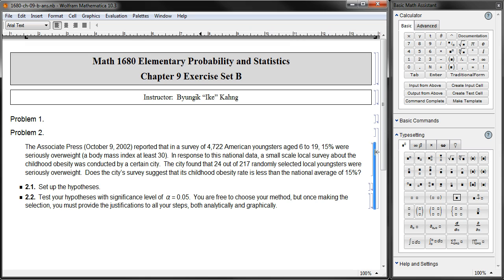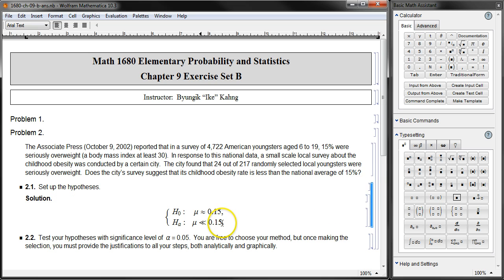Okay, set up the hypotheses. 15% is the national average, so that's going to be our null value. That's clear. And what is the alternative hypothesis? Less than the national average. That's a good indicator, so we have this as the alternative hypothesis.